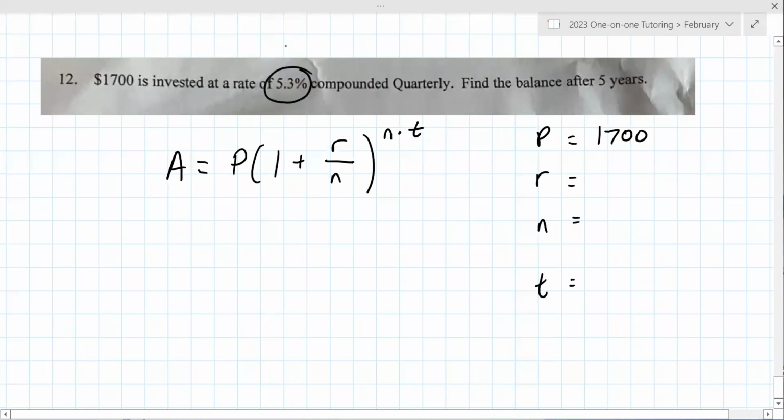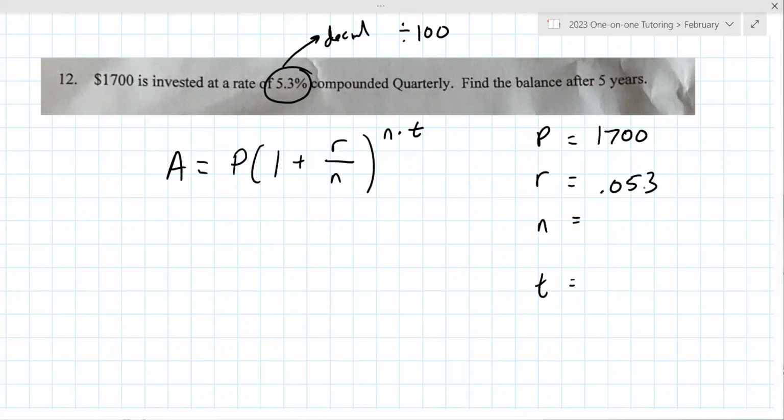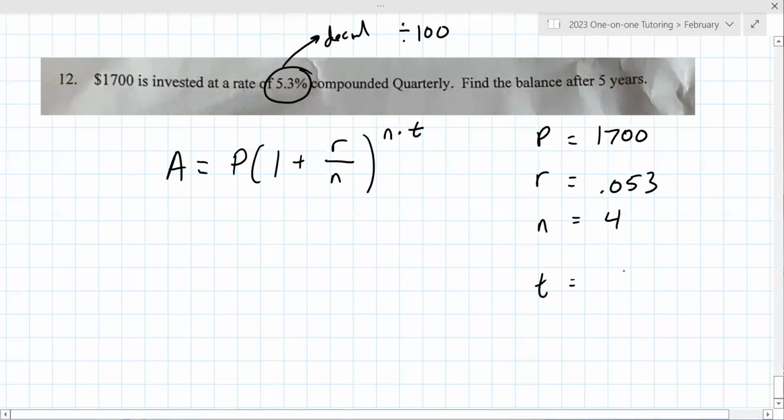Yes, but it's got to go to a decimal, so 0.053. Good. And then your N is 4. Good. And T.